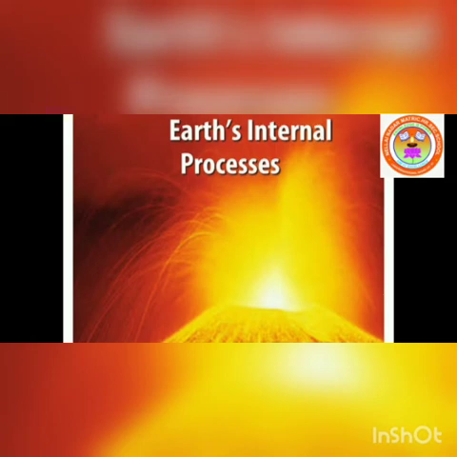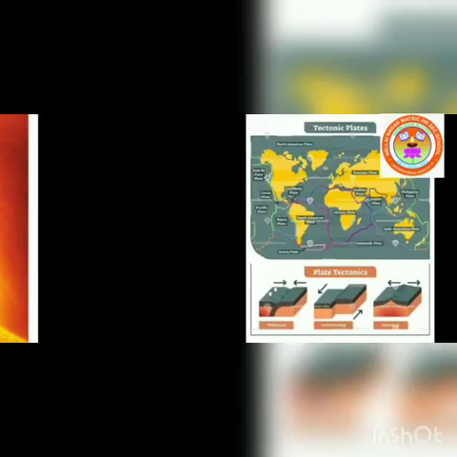Next, internal process. The internal process generates heat and ejects materials from deep below the earth's crust. Internal radioactivity is the principal source of power for this process. So that is the Earth's internal process.